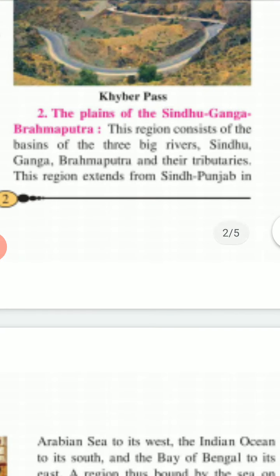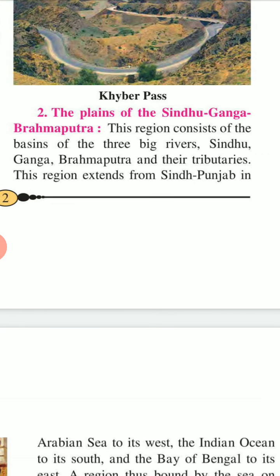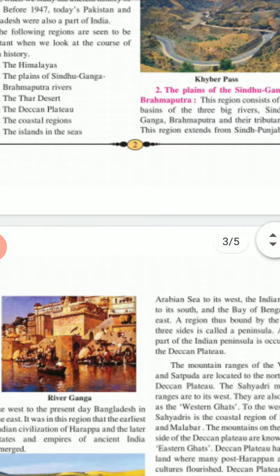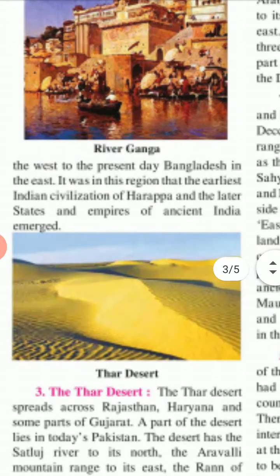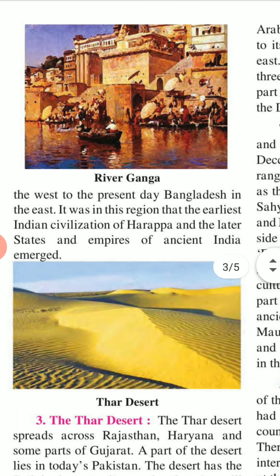Let's see about the plains of the Sindhu, Ganga, and Brahmaputra. This region consists of the basins of three big rivers, Sindhu, Ganga, Brahmaputra, and their tributaries. This region extends from Punjab in the west to present-day Bangladesh in the east.